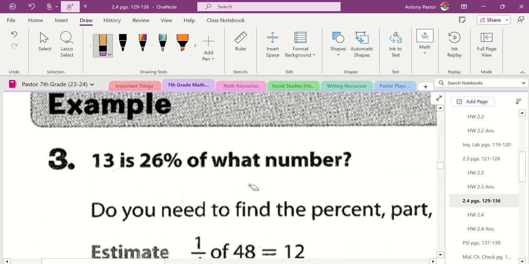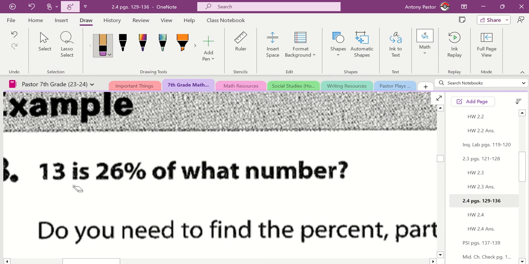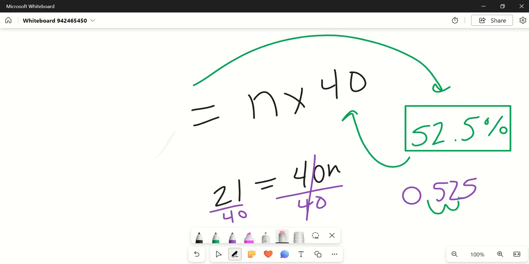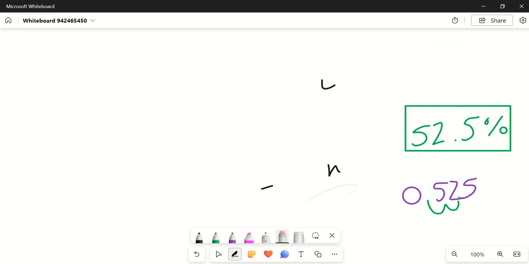And example 3. 13 is 26% of what number? And remember, when you have a number being compared to a percentage, this is the part, and the whole is missing. So we have 13. Remember, part equals percentage times the whole.